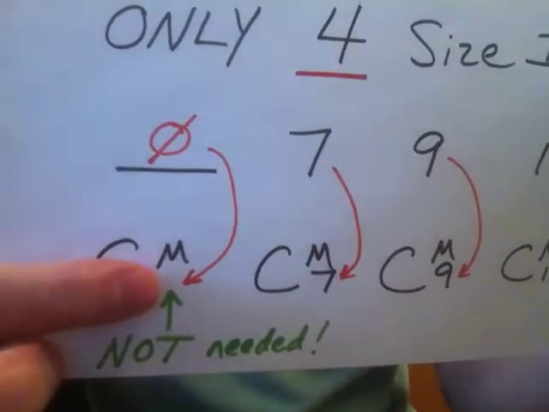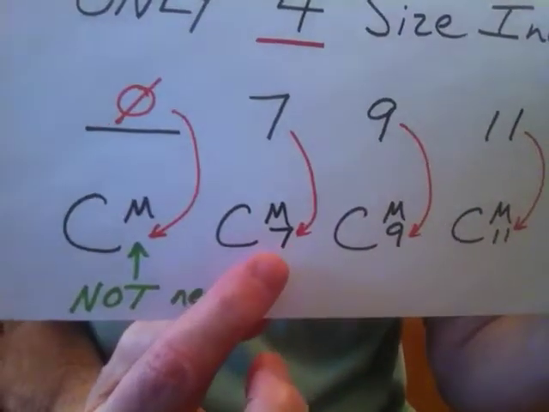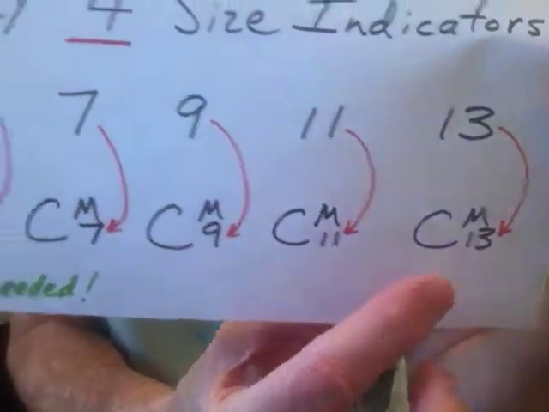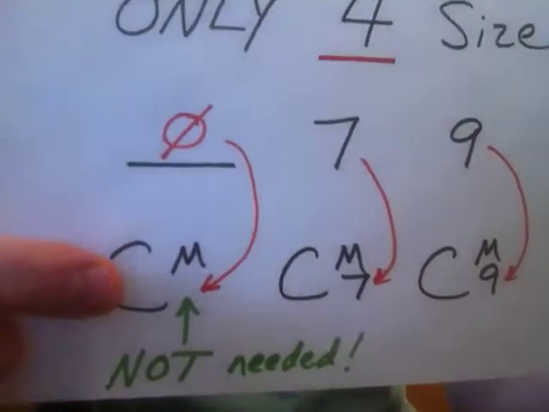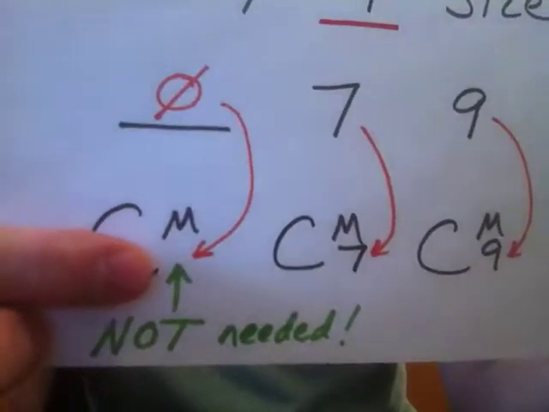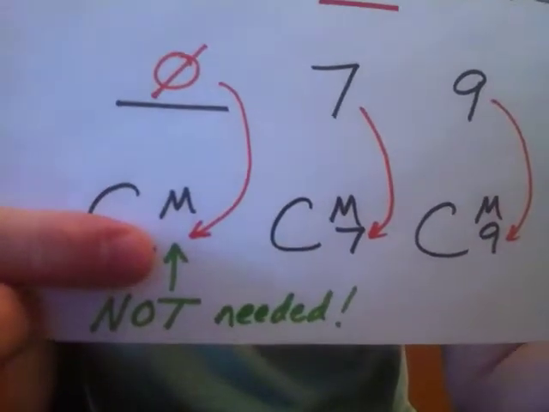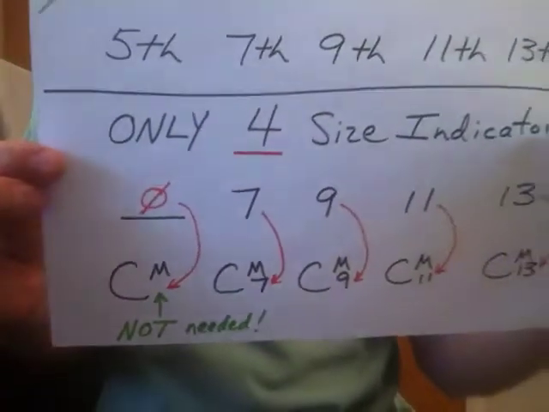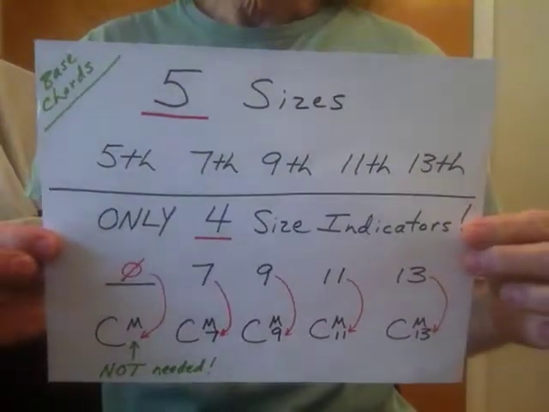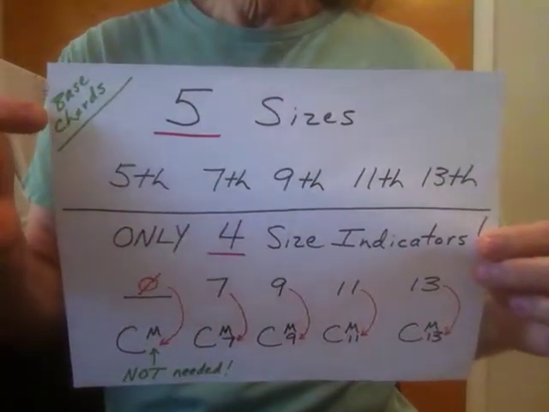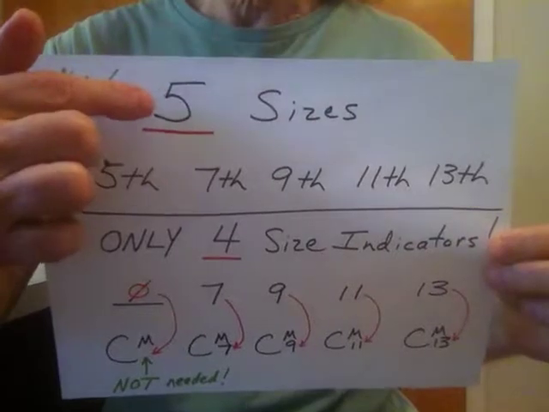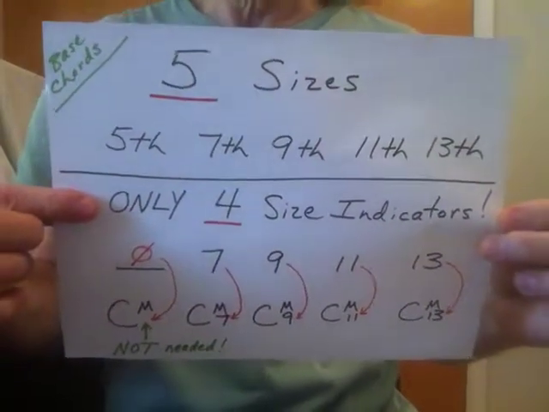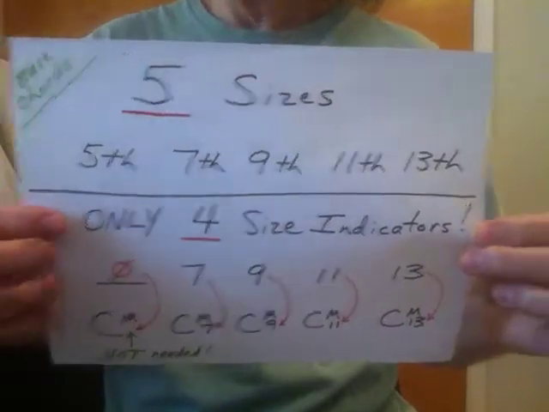You see this space is blank, whereas over here you have the 7, and the 9, and the 11, and the 13 on those symbols, but you don't need that number 5 to denote the 5th chord, because it's given. It's assumed. So with my bass chords, there are 5 sizes, but we need only 4 size indicators. Want to try to make that clear?